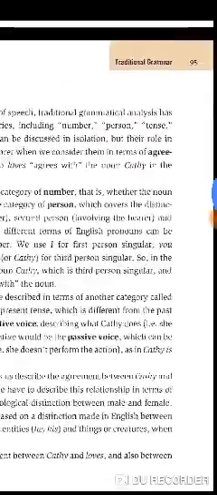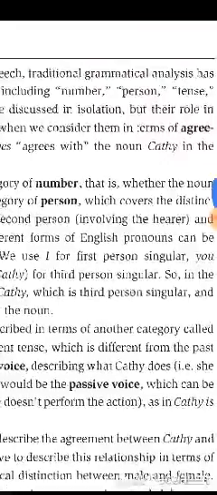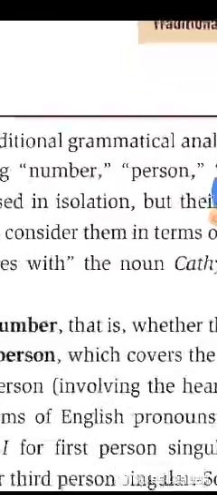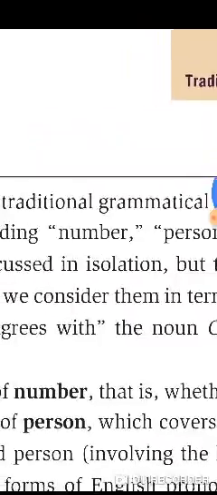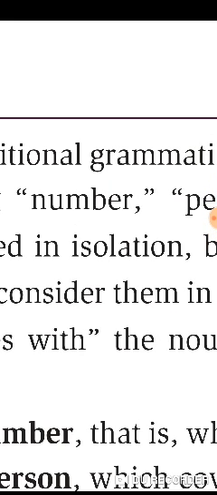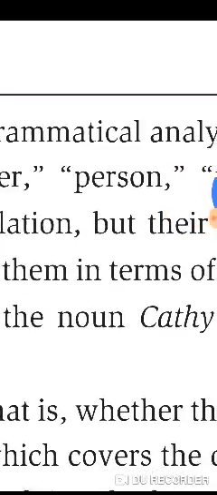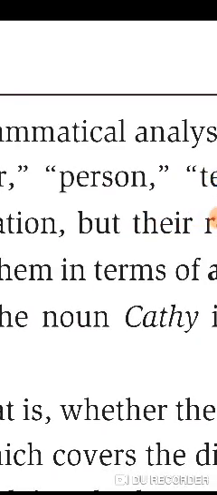Agreement categories are number. What does it mean? In Arabic it means mufrad, muthanna, jama', singular, dual, plural. The next one is person.